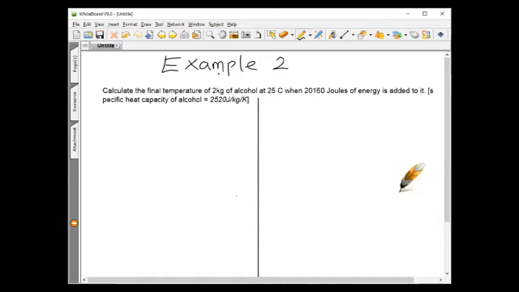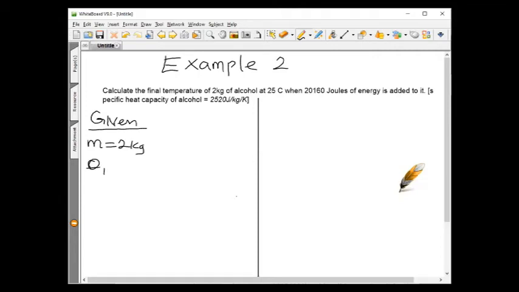Like you know, the first thing we do is to itemize the parameters given. Over here, what are the parameters given? The question says calculate the final temperature of 2 kilograms, so mass is given to be 2 kilograms. Of alcohol at 25 degrees, you have a temperature.